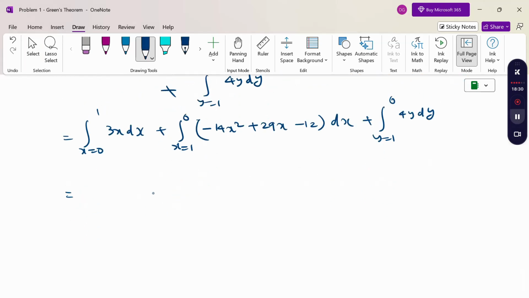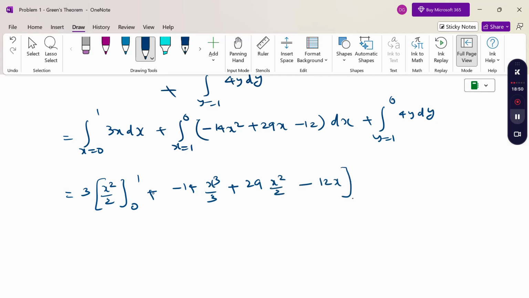Now integration. The first one, 3 constant, x integration is x squared by 2, from 0 to 1, plus minus 14 constant, x squared integration x cubed by 3, plus 29 constant, x squared by 2, minus 12 into x, from 1 to 0, upper limit minus lower limit, then plus 4 constant, y squared by 2, from 1 to 0.